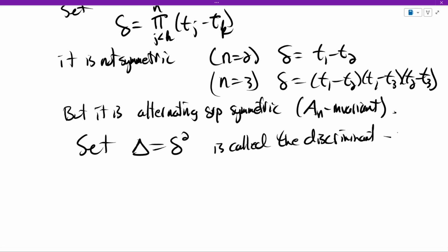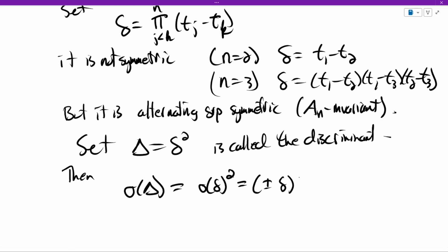Since if we act on delta with any element sigma of the symmetric group, that's just acting on little delta and then squaring that. When we act with the symmetric group, we get plus or minus delta depending on how many sign changes we have. But if we square it, it doesn't matter whether it's positive or negative, we just get delta squared back.